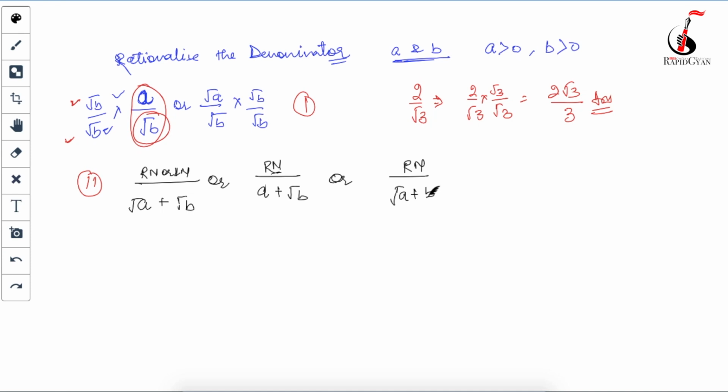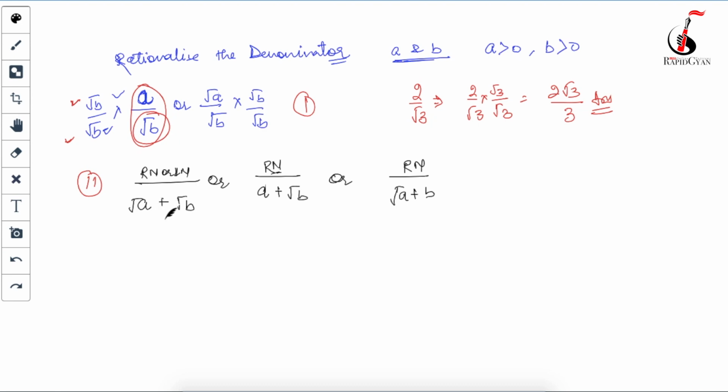So what you are seeing, beta, is that the denominator is the sum of two numbers in which at least one number is irrational. Listen to my words very carefully.